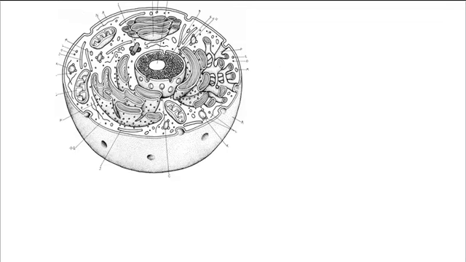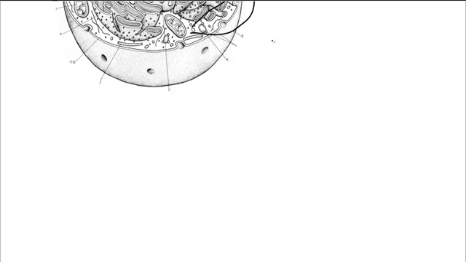The cytosol is all of this area that everything's suspended in. I am not going to color it because I know it's not going to turn out well using these pens. So they're not pointing to anything in particular. They're pointing to all that clear space.